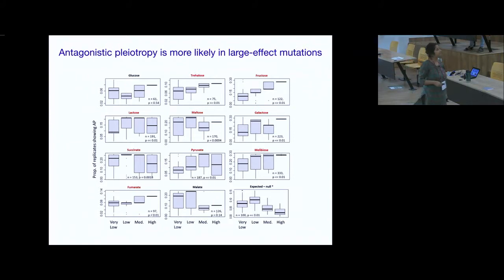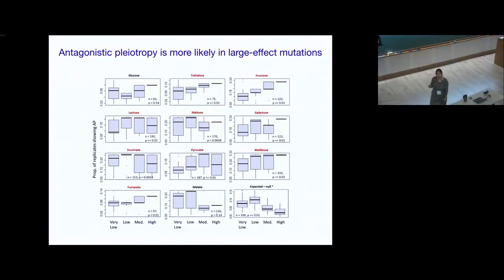So essentially, beyond what we expect from the null, it seems to be true that if you have large effect mutations, they are more likely to be antagonistically pleiotropic. And remember, this goes beyond just our simple ability to measure fitness effects, because we already corrected for that.